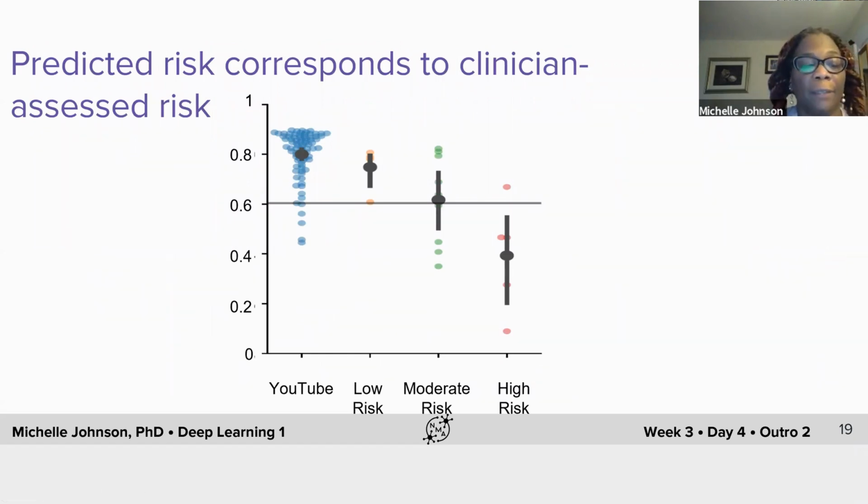So what do we end up with? We ended up with the probability of whether our low-risk infants were associated with the normative group, and we get a probability for the moderate risk and the high risk. As you can see, the algorithm does a really good job of separating out the high-risk infants from the normative infants, and that was significantly different, but not such a good job separating the moderate and the low-risk infants from the normative data.